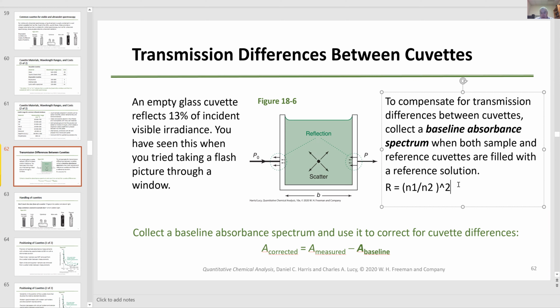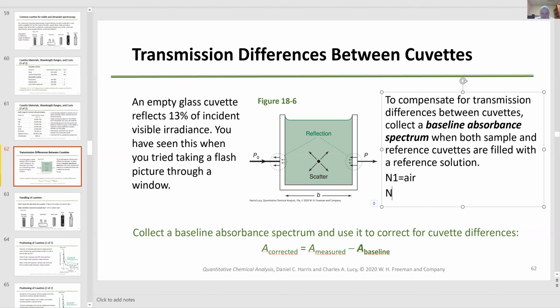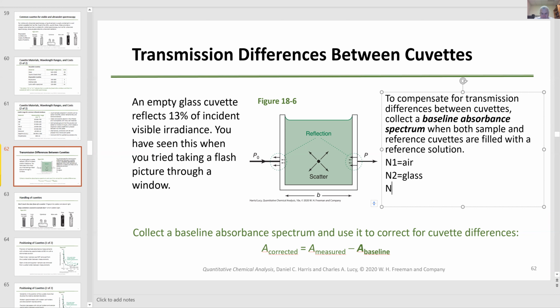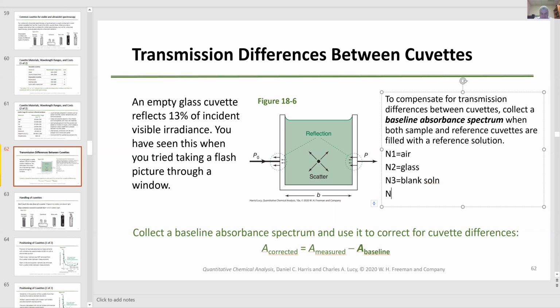Or actually, maybe you could say there's four, and I'm just going to list them down here. N1 is air, N2 is glass or quartz, N3 is the blank solution, and N4 is the sample solution.